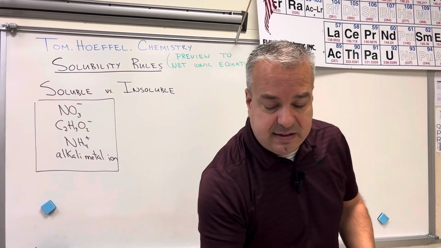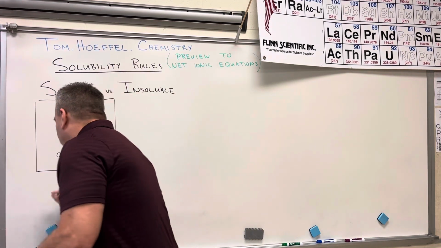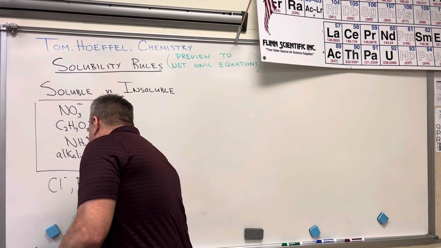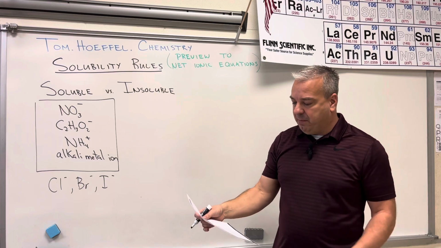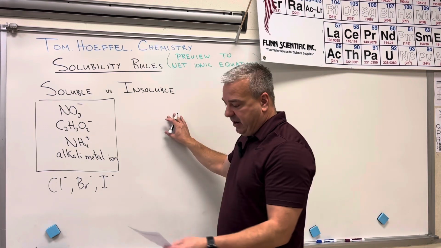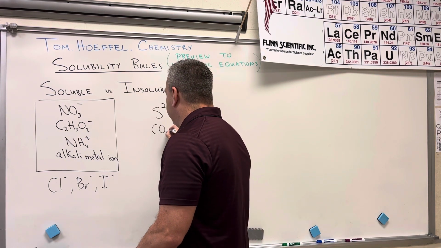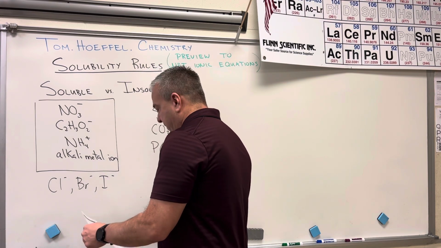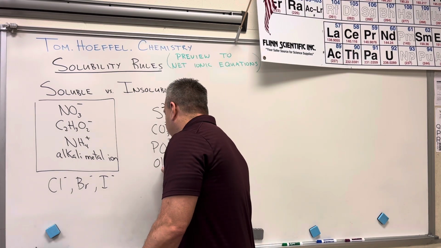Now, some other things that are typically soluble in water, but there are exceptions, are things like chlorides, bromides, and iodides. Those tend to be soluble with a couple exceptions. And then according to the textbook here, our insolubles are going to be sulfides, carbonates, phosphates, chromates, and hydroxides.